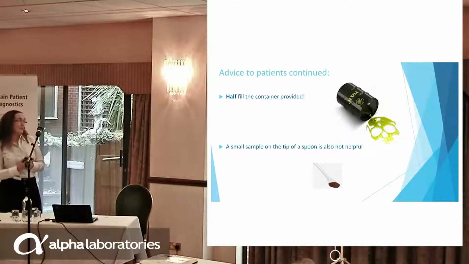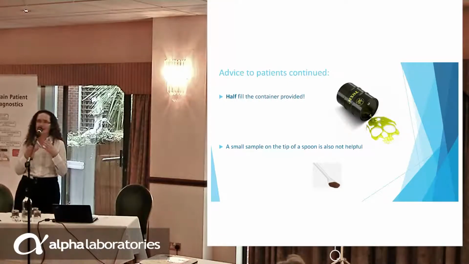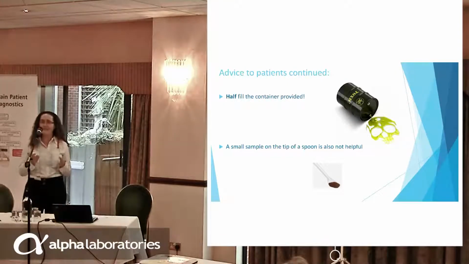The other advice to patients that I would suggest you give is that what they need to do is to half fill the container provided. We've all been there with that container that is so full that it is bulging and leaking, or if not actually physically leaking, it is so bulging and pressurised that the second you touch it, you know it's going everywhere. It's unpleasant.